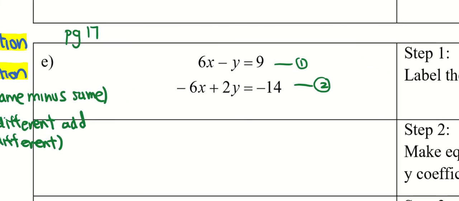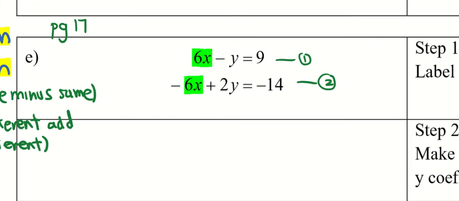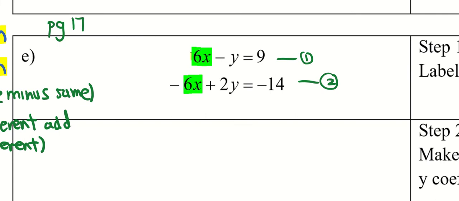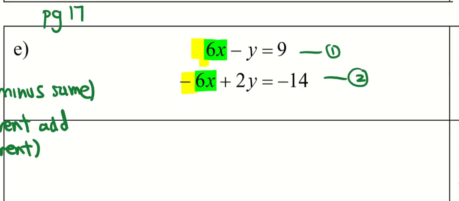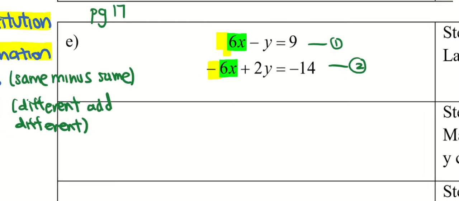Okay, we will take a look at what are the clues given in this question. You see, I have noticed I have 6x and 6x in both of my equations. But the only difference is this is a positive number and this one has a negative sign, negative 6x. So it's almost the same except for the difference in sign. One is positive, one is negative.